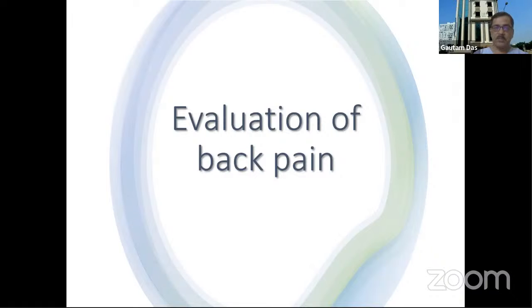So in the history of present illness, we should have the quantity of the pain. That means the intensity of the pain, and that intensity can be assessed in two types of scale: unidimensional pain scale and multidimensional pain scale. What was the unidimensional pain scale?